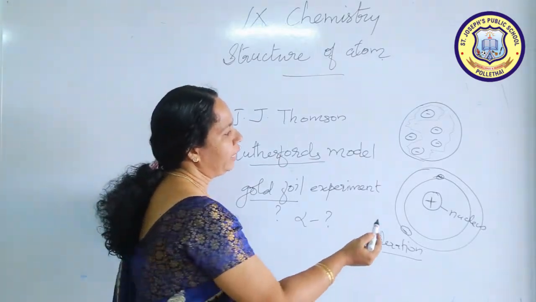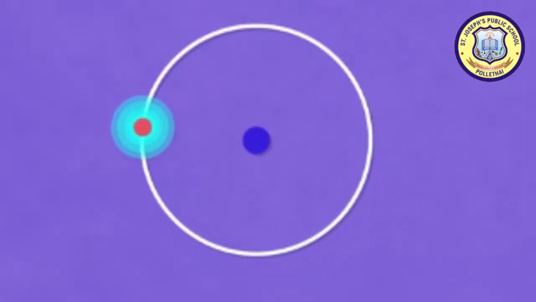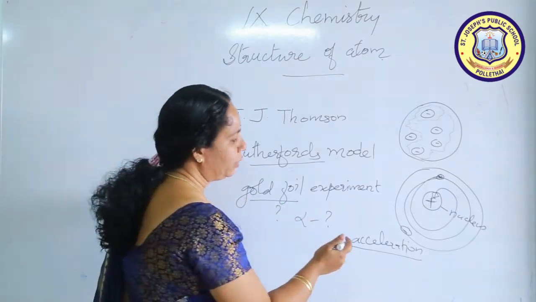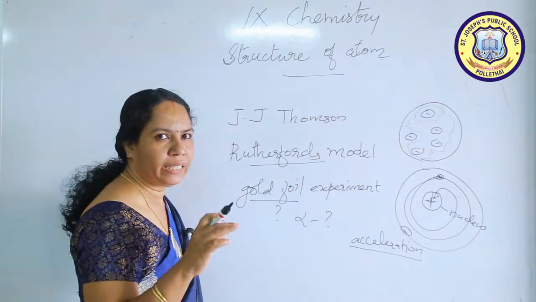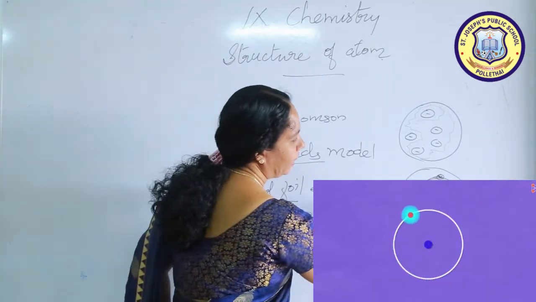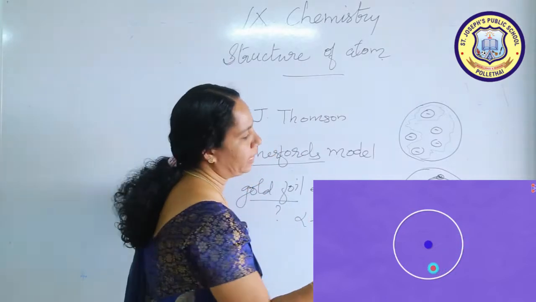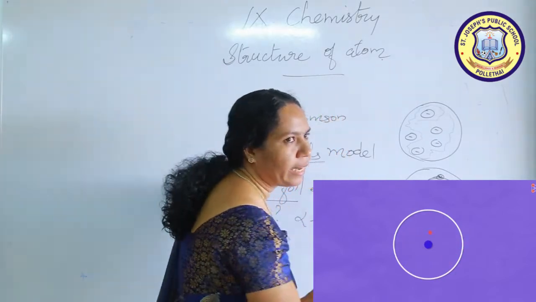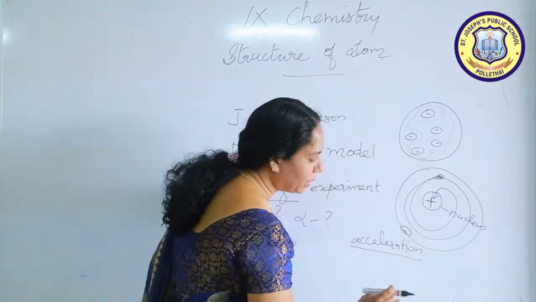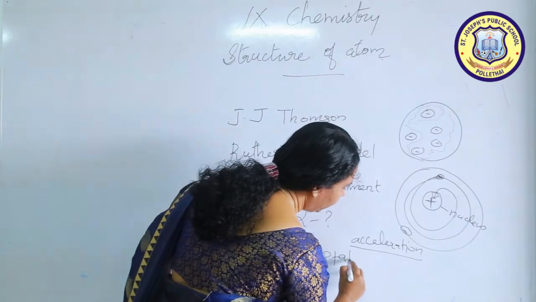Their energy decreases gradually, they will lose their whole energy, and the particle will fall into the nucleus and the atom will collapse. But we know atoms will not collapse, atoms are stable.